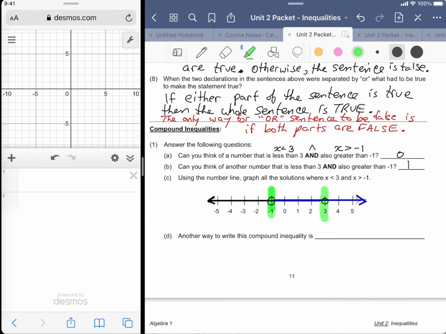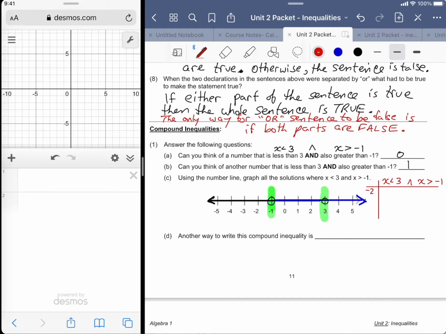All right? Because if you go down, you go by the numbers here. So we'll take our compound inequality here. X less than 3 and x is greater than -1. And we'll look at, for example, so I'll test the value -2. Make a little table out of it. For -2, that number is certainly less than 3.